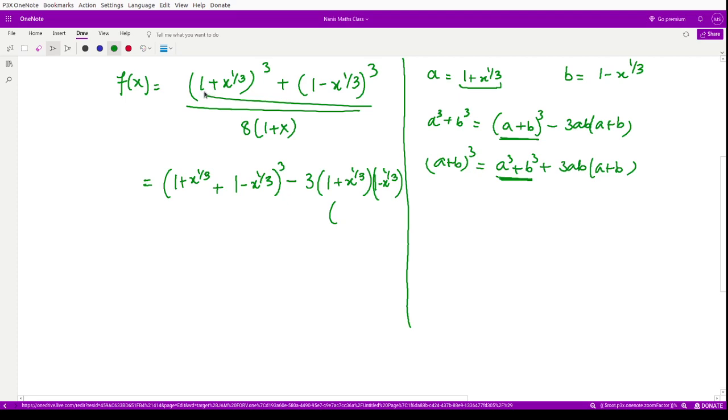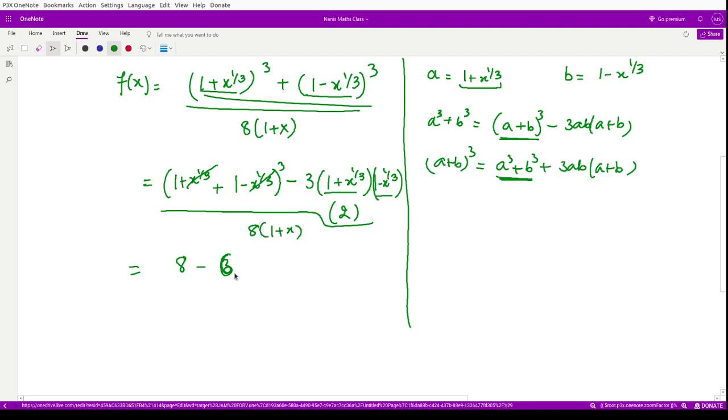Now a plus b is this term plus this term, which is nothing but 2, right? So when you simplify this, you have 8 minus 3. Now a times b, that is (1 plus x)^(1/3) times (1 minus x)^(1/3), becomes (1 minus x squared)^(1/3). So finally you have 8 minus 6, obviously, whole thing divided by 8 into (1 plus x).